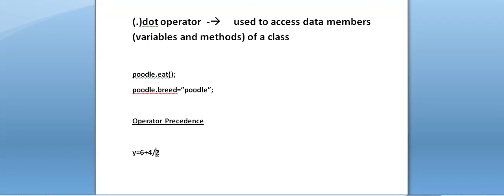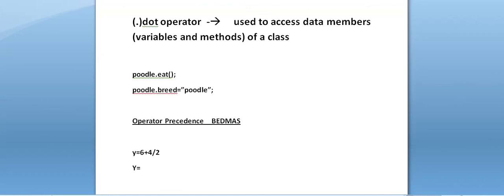In BODMAS, DM for division and multiplication comes before the addition sign, and in computers we follow BEDMAS. Fine. B stands for bracket, then exponent, division, multiplication, addition and subtraction. Means division is to be solved first, then comes the turn of addition. So how will we solve it?